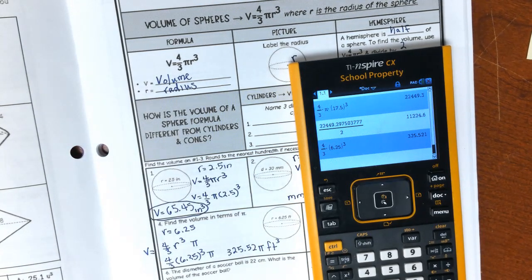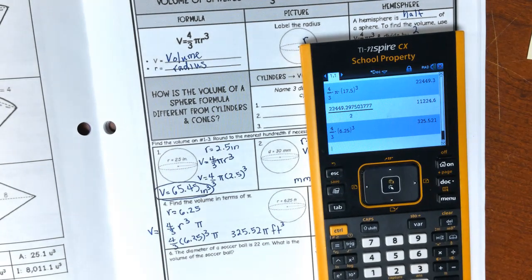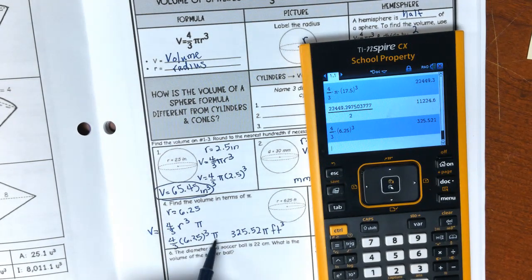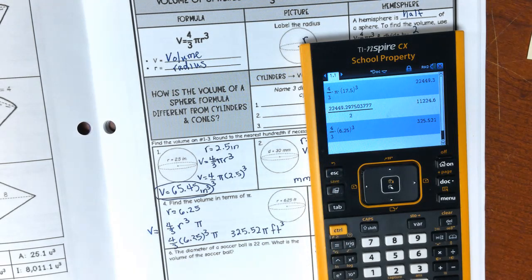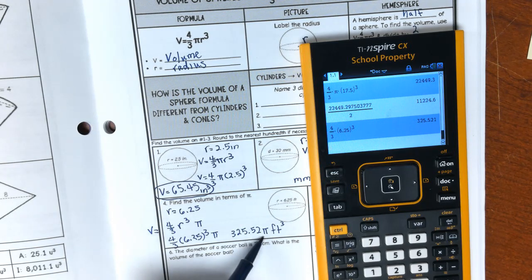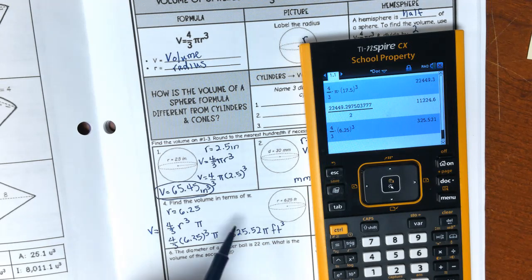Okay, so the whole thing with terms of pi is multiplying everything except for pi, as you can see in my calculator as well. Our final answer would be if we multiply this all out, but if it says in terms of pi, remember this is the most exact version because pi is either 3.14 or 3.141, the rest of the irrational number that goes on forever. Some people use 3. So to be as exact as possible, this will be our closest one.